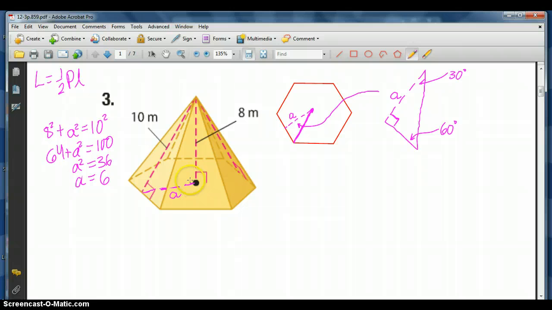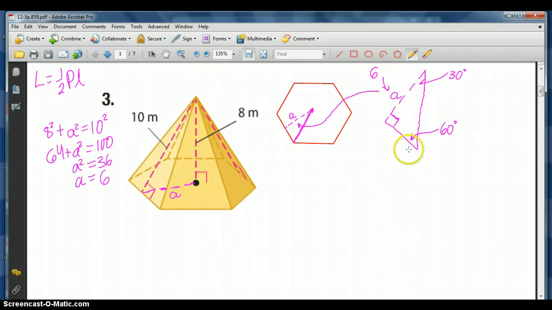So we still need to know the length of the side in order to find the perimeter. The apothem, this length, is 6. So then we would have a 30, 60, 90 triangle, and we know the long leg.